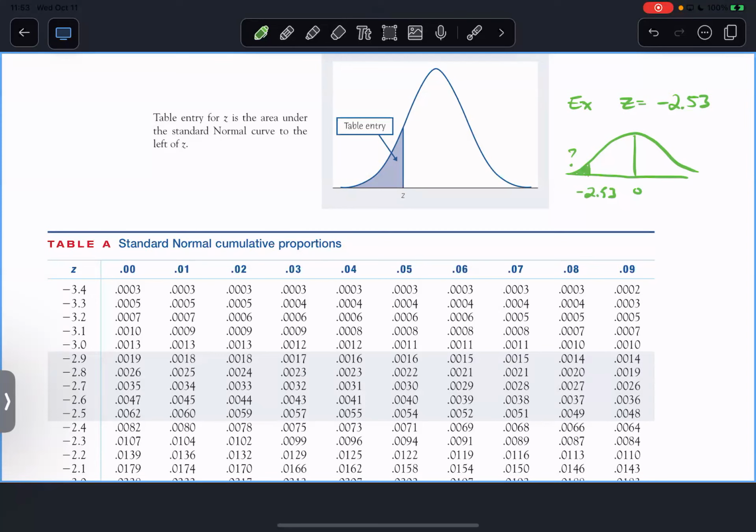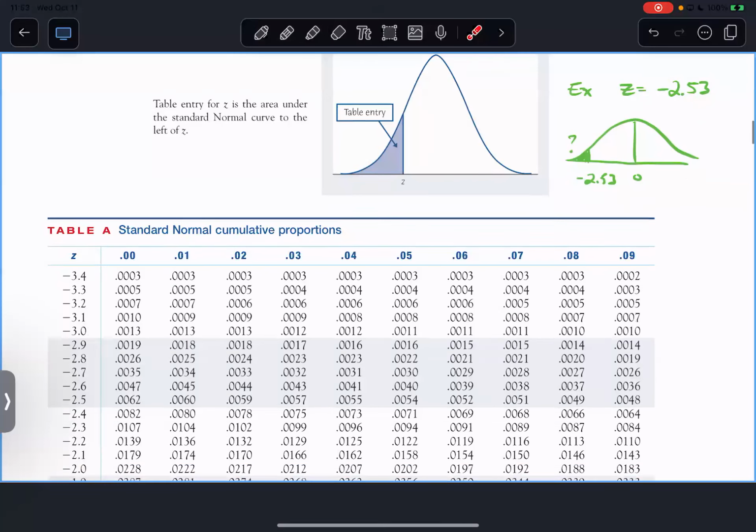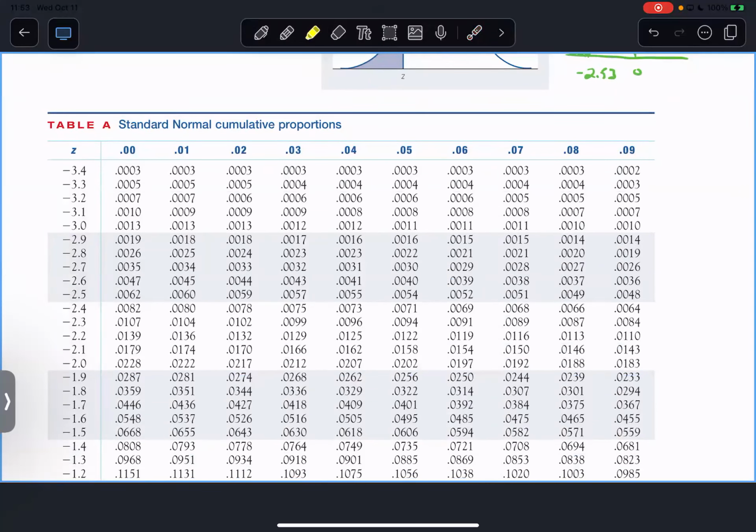Starting off nice and slow. Whole number and the first decimal place in the left-hand column, which puts me here. I like this one because it's got the shaded regions. Otherwise, your eyes jump all over, right? Or if you take a piece of paper, just make sure that you're not jumping around.